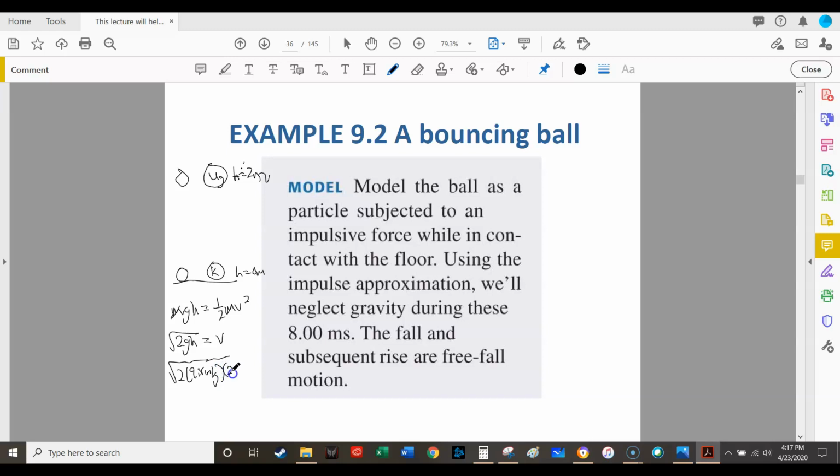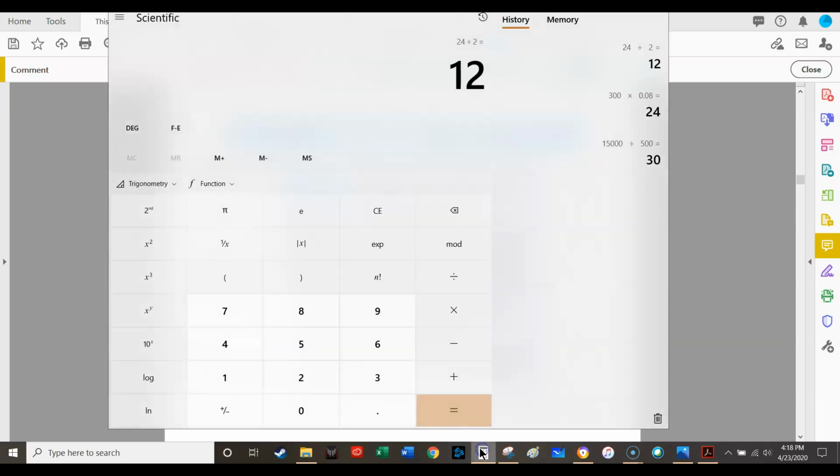And that's a height of 2 meters. And so that is equal to our velocity, right? So what is that? 4 times 9.8, and we're going to square root that number. Okay?